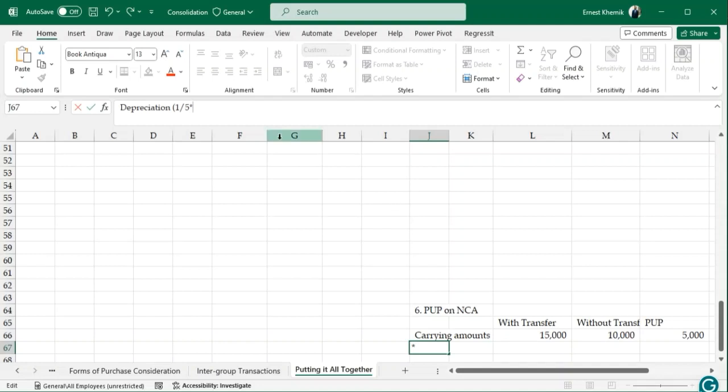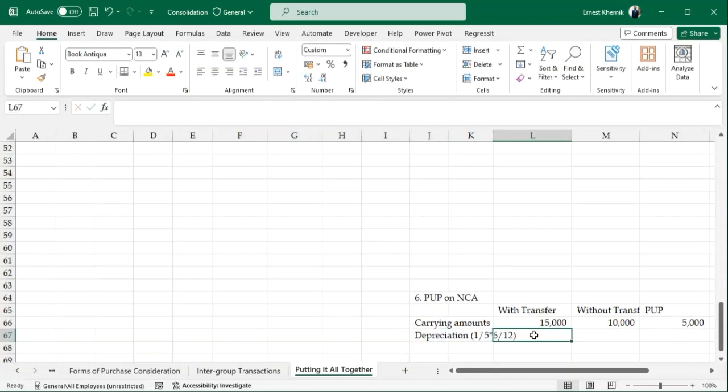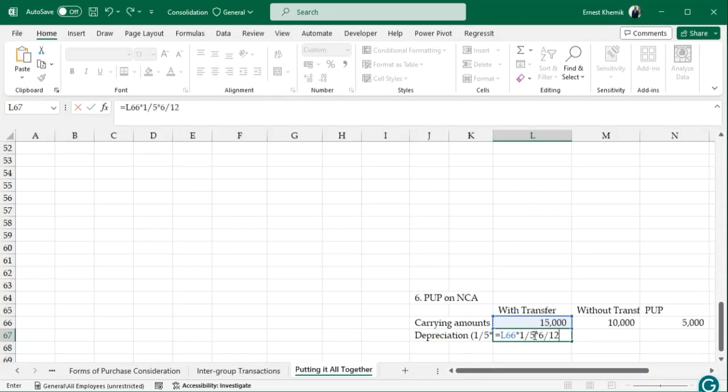So we are going to multiply whatever we get with 6 months, which is 6 over 12. Right, so we have that. I'm doing this for those who are writing. So I'll have my equals, this amount multiplied by 1 over 5 multiplied by 6 over 12. I'll close my parentheses.